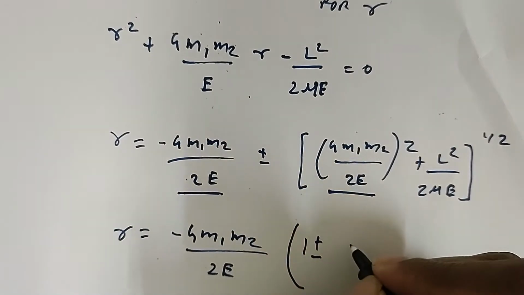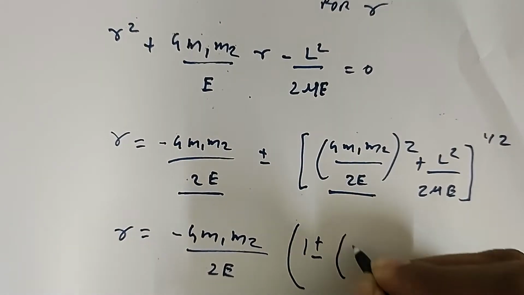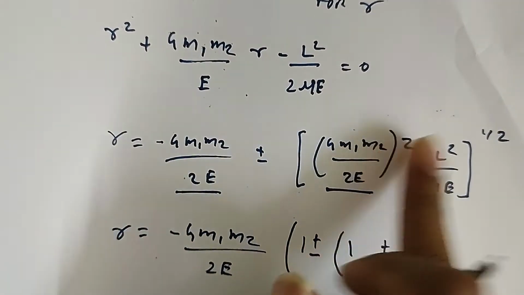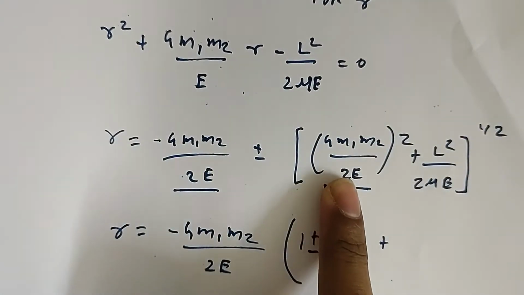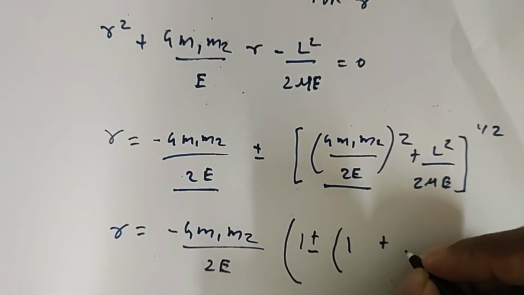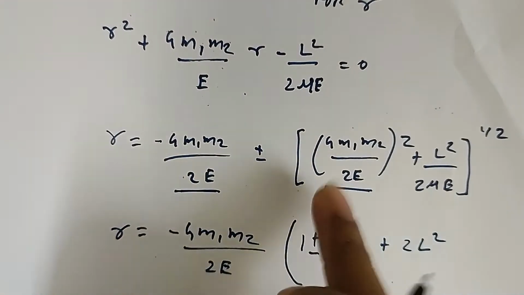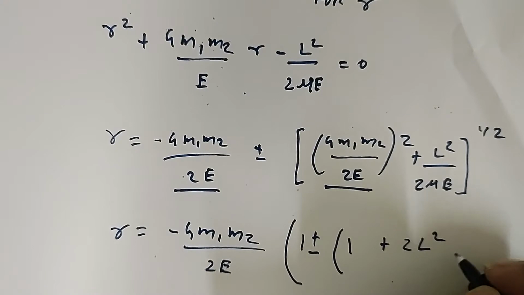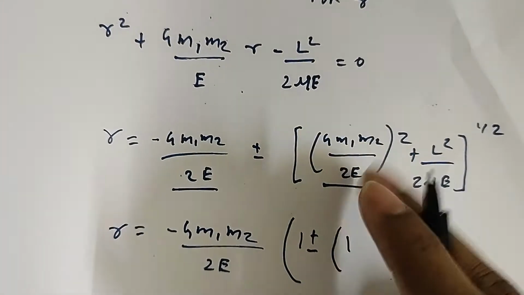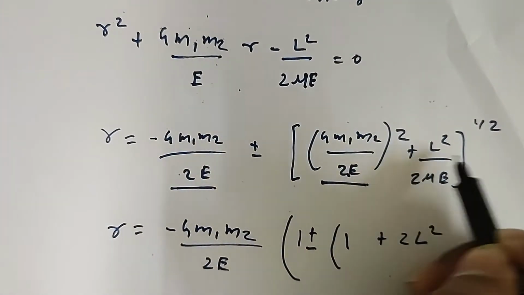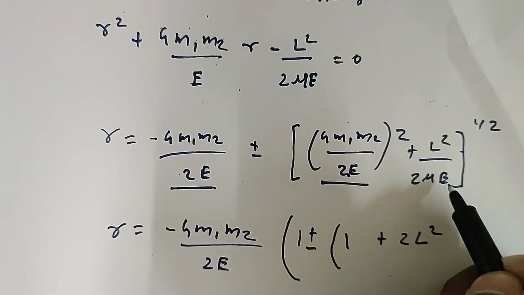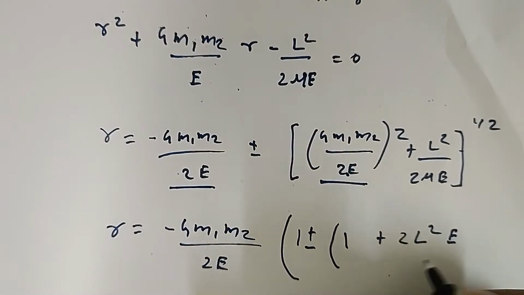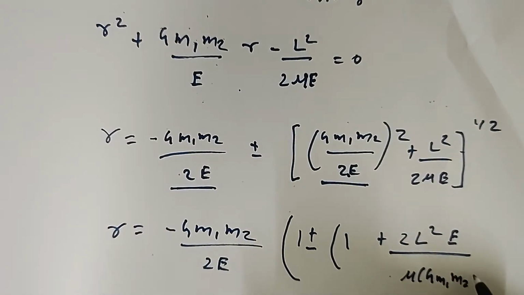Here I have to take common this, and there is a square, so it will again give me 1, because the square and square root cancel. So in 2 L square E square, there is E and E square above, so it's E square upon E, so that remains only E, followed by G m1 m2 square.